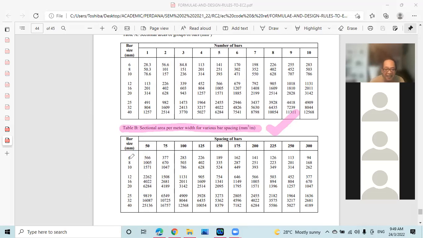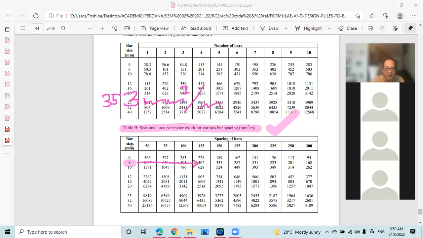Now, we have decided earlier that we are going to use 8 mm, assumption dia. And what is required, from calculation, is an area of 353 millimeter squared per meter, right? And looking at 8 mm, 353, then it is somewhere here, this one.